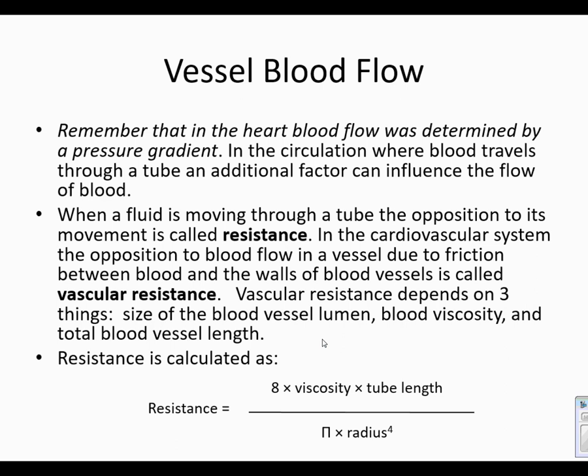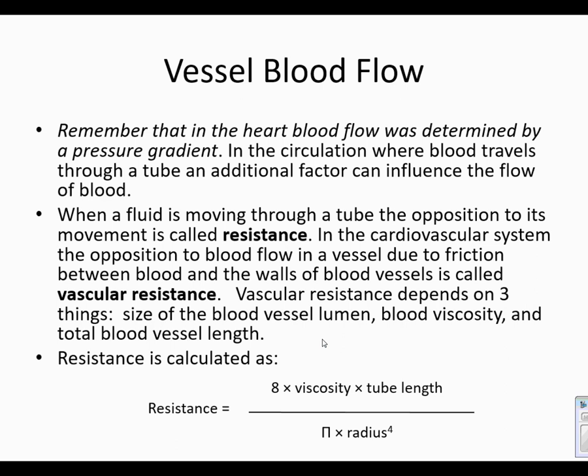Resistance has the word resist. The word resist means to oppose. So this is a term that refers to the opposition of flow. In our cardiovascular system, opposition of blood flow in a vessel due to friction between blood and the walls of blood vessels is called vascular resistance.